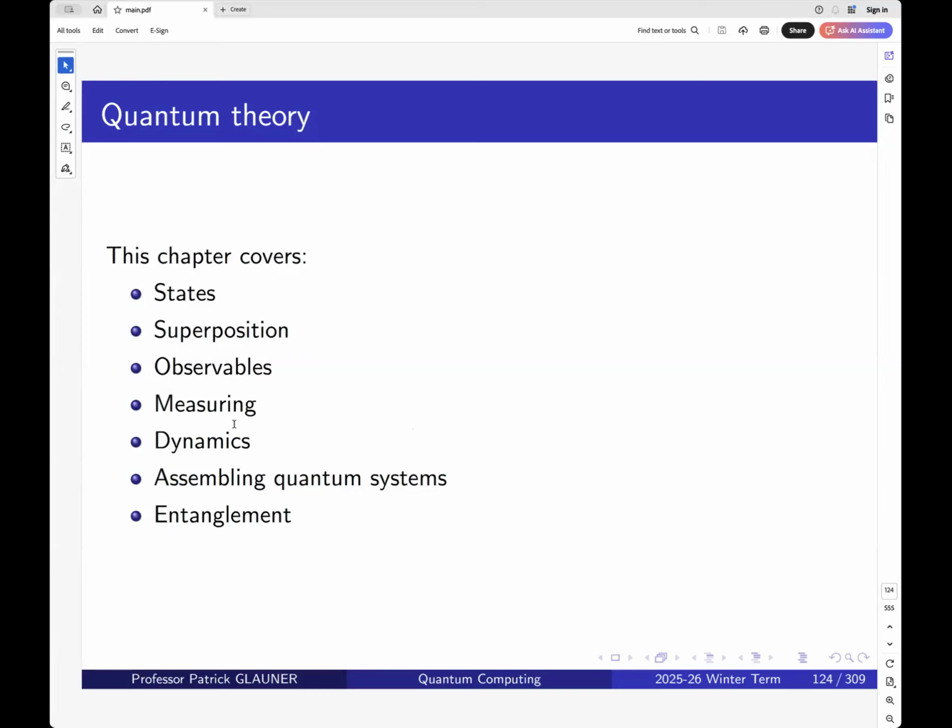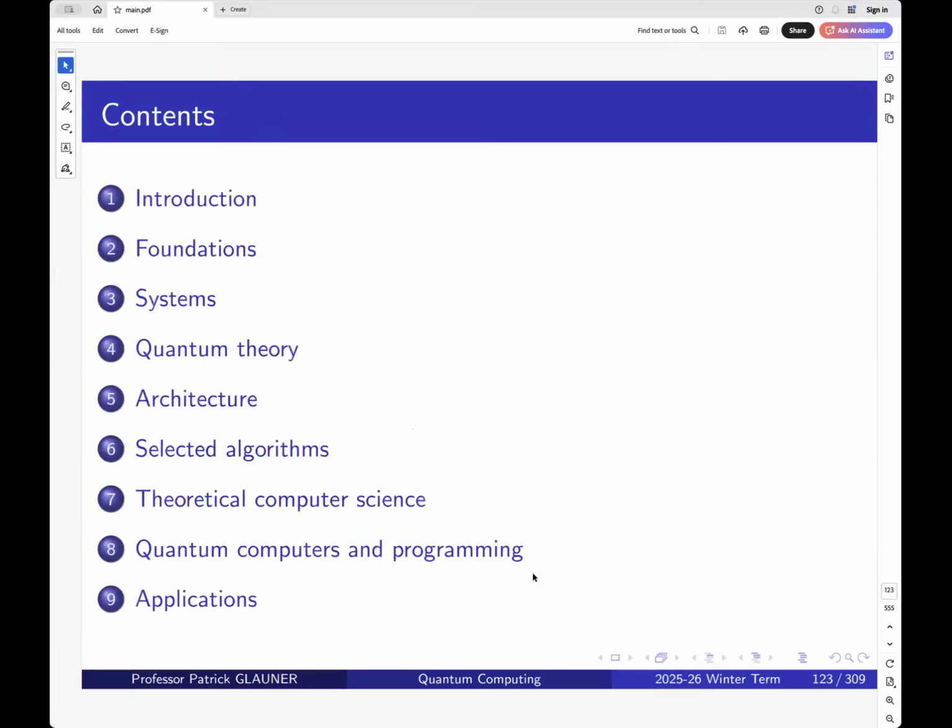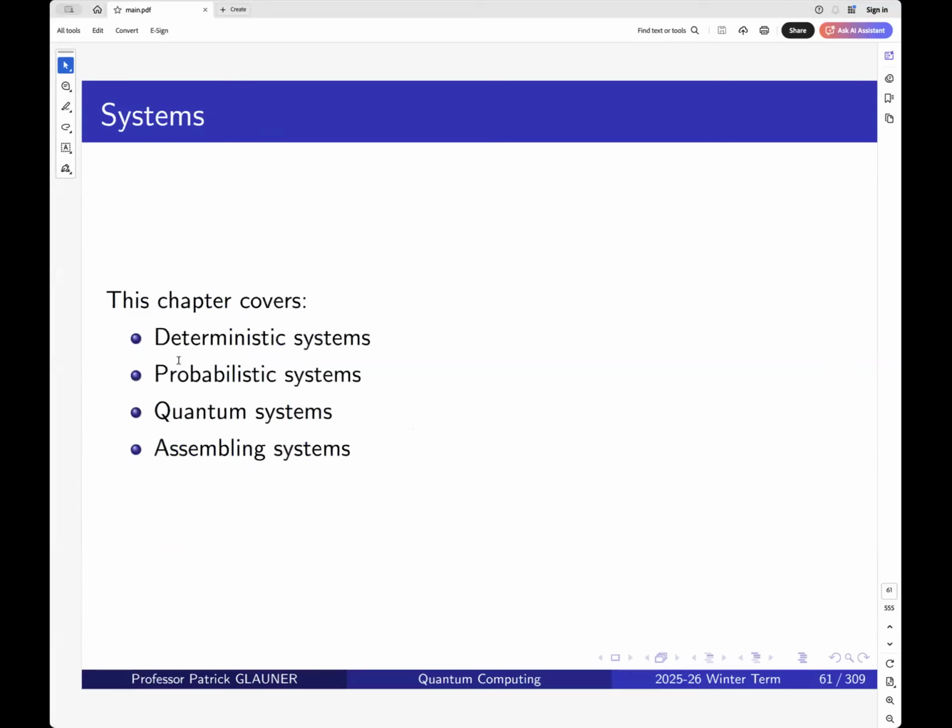We will look at states and all of these concepts from a very generic perspective. You will only be able to understand all of this in a useful way if you're familiar with the stuff we have done today. Remember, the goal is quantum systems, so we established a mechanism and we got step by step more complex.